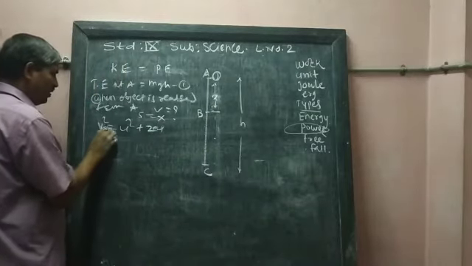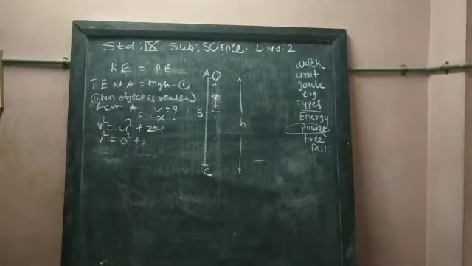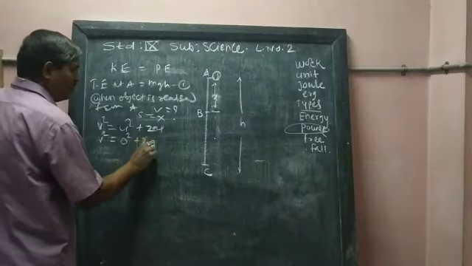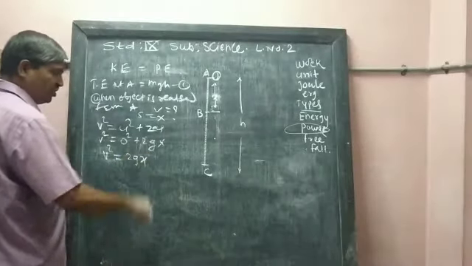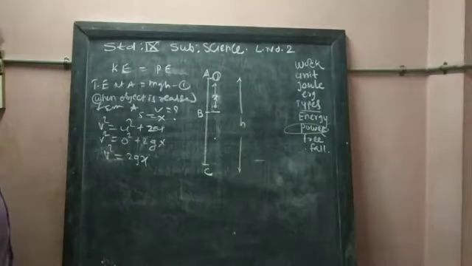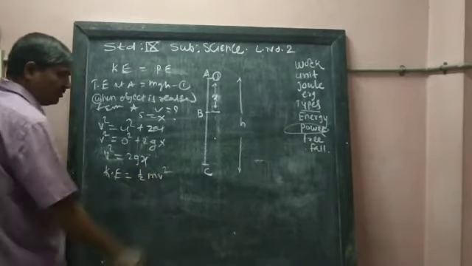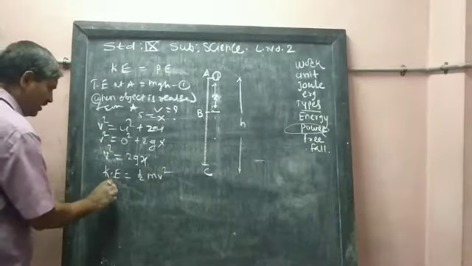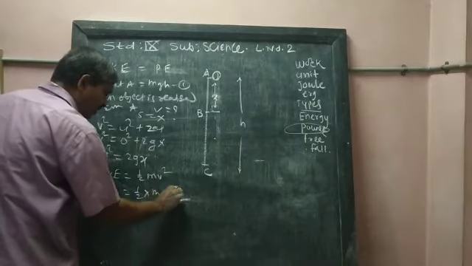So we use v² is equal to 0² plus 2as. Here a is the acceleration due to gravity, so 2g, and s is x. So v² is equal to 2gx. Then we have to calculate the kinetic energy when the body is released from A. Kinetic energy is equal to half mv². Then kinetic energy is equal to 1/2 m into 2gx.